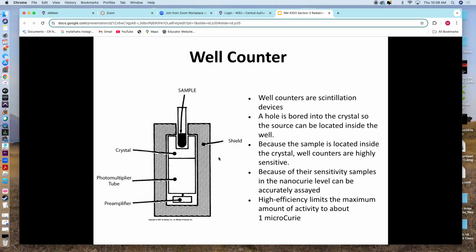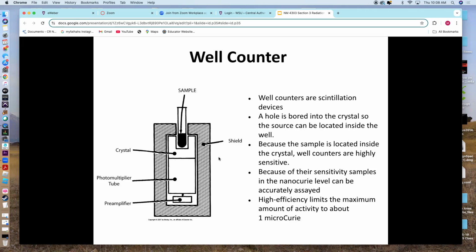Now, because of that high sensitivity and high efficiency, that limits the amount of activity to about 1 microcurie. What I mean by that is that you can only accurately measure up to about 1 microcurie, because of the sensitivity and how much we're gathering because of the surrounding geometry, when you get much above about a microcurie, you're just overwhelming it.